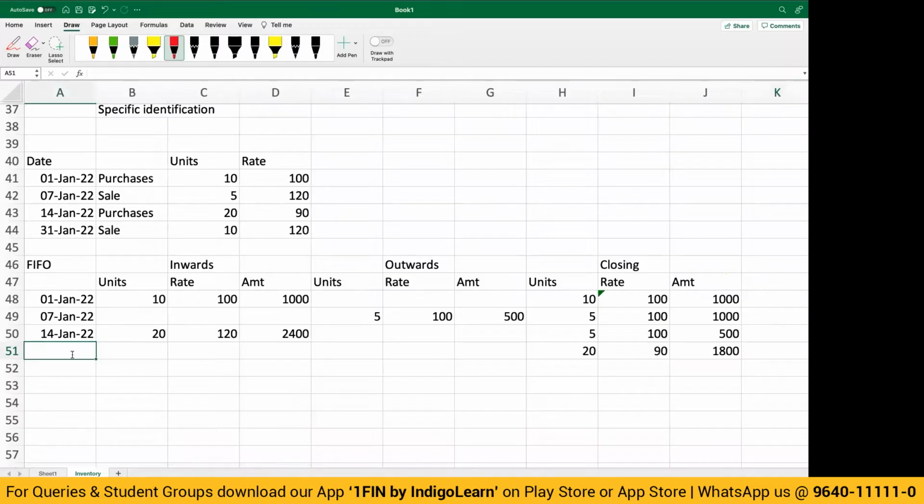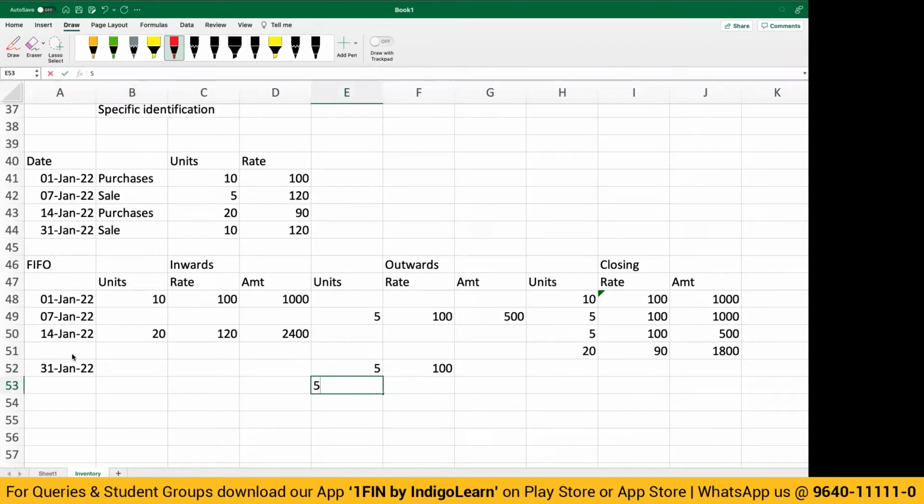Now on 31st of January 22, when there is a sale of 10 units, at what rate will we issue those 10 units? First 5 at 100, sir.